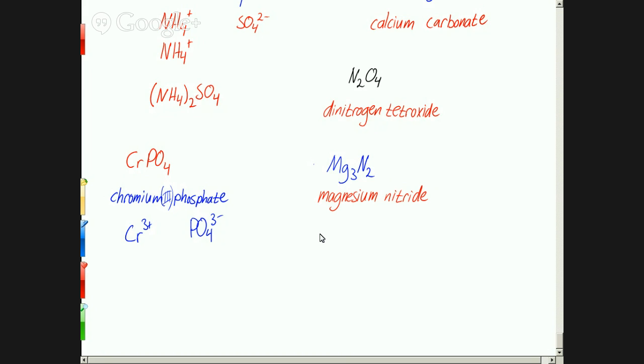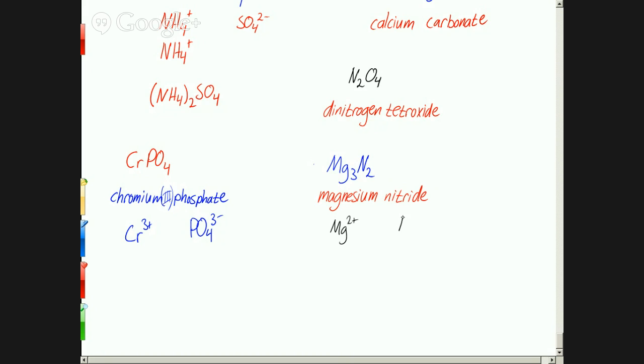What if you give us the name to write the formula? And someone writes Mg, then N2. That's the wrong formula. Where's the three? Balance it out. Let's see how it would go the other way. Let's pretend that I said magnesium nitride instead. We start with the two ions and figure out their charges. Magnesium's charge is what?